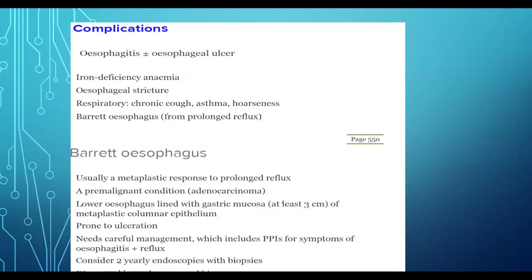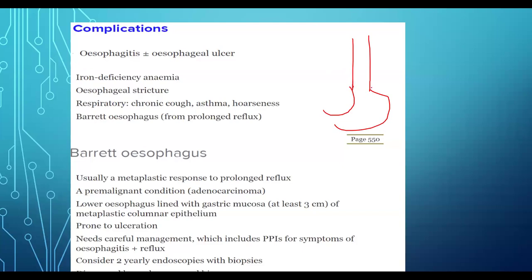The complication with this reflux is that it can cause esophagitis, which is inflammation of the esophagus. It can cause an esophageal ulcer, and an ulcer can bleed and cause iron deficiency anemia. Sometimes, because of chronic reflux, the lower end of the esophagus can change.